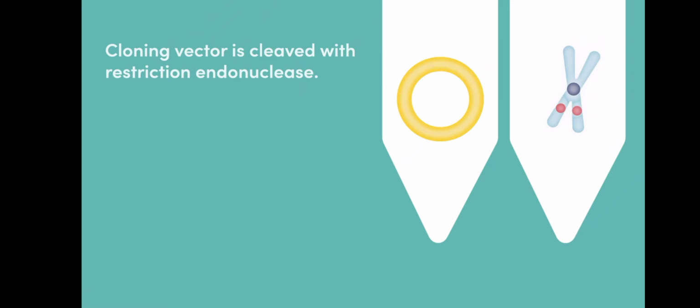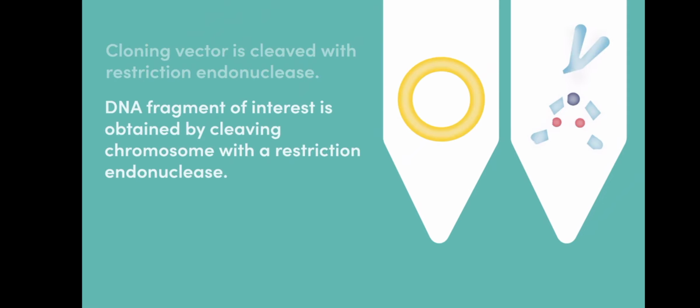So we take a cloning vector. Cloning vectors are naturally found in bacteria and prokaryotic organisms. And we take a gene of interest. Let's say insulin: we want to produce the insulin protein in bacteria so that we can benefit from it.